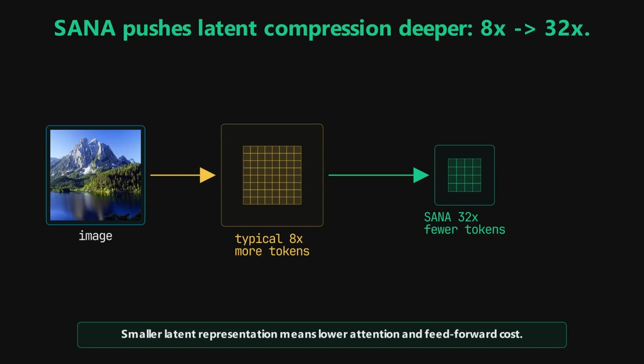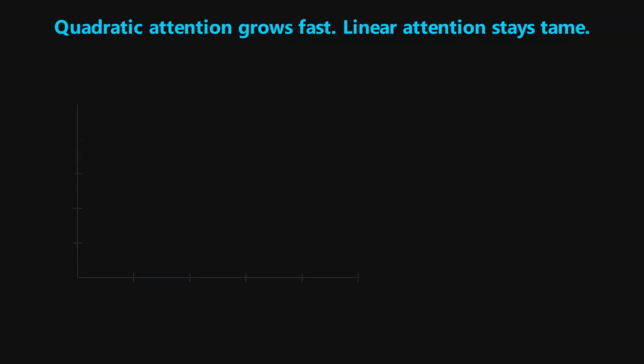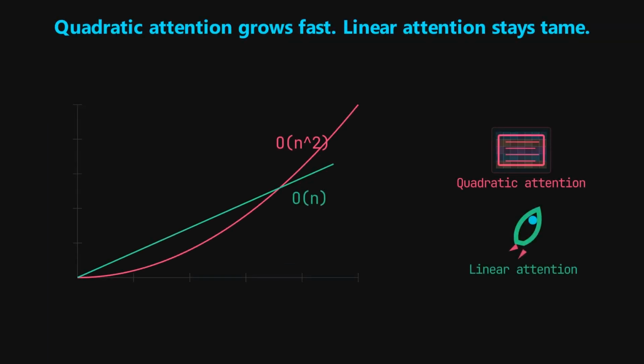The second key idea is linear attention. Traditional attention often scales quadratically with the number of tokens. When the sequence length grows, the cost grows very quickly. It is the kind of curve that looks harmless at first, and then suddenly tries to leave the planet. Linear attention aims to make that cost grow much more gently. This helps the model handle larger images more efficiently. SANA also emphasizes complex human instruction.